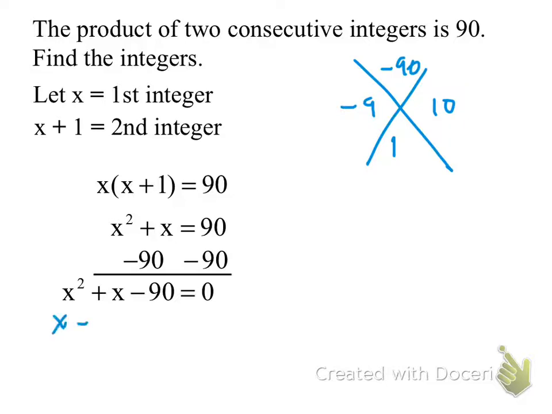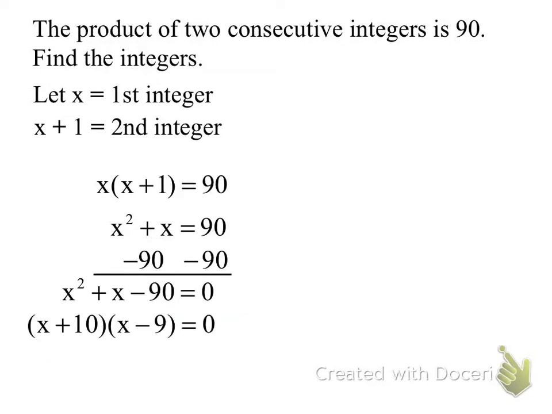So we get x minus 9 times x plus 10 equals 0. Then I'm setting them both equal to 0. I get x equals negative 10 or x equals 9.